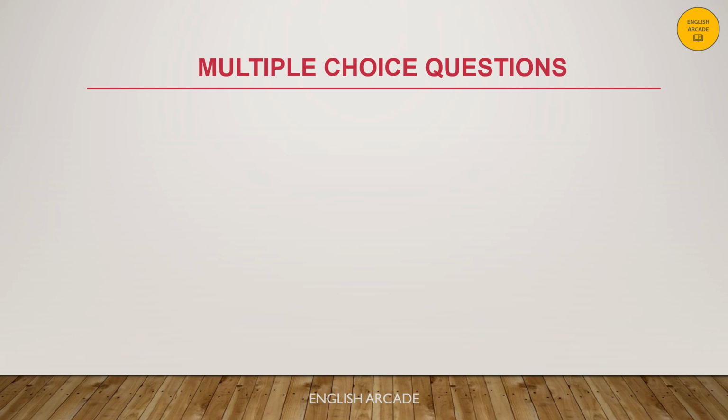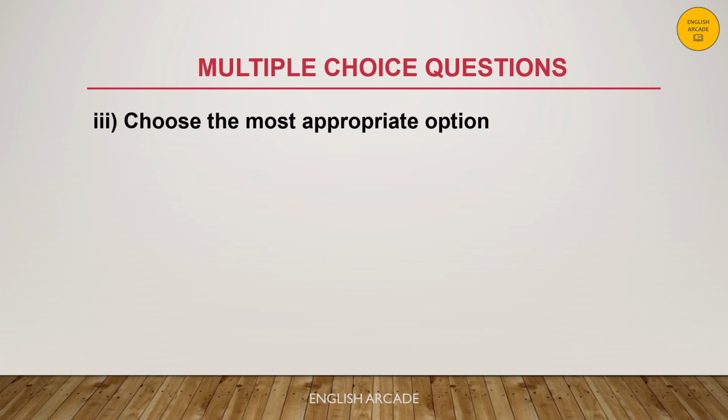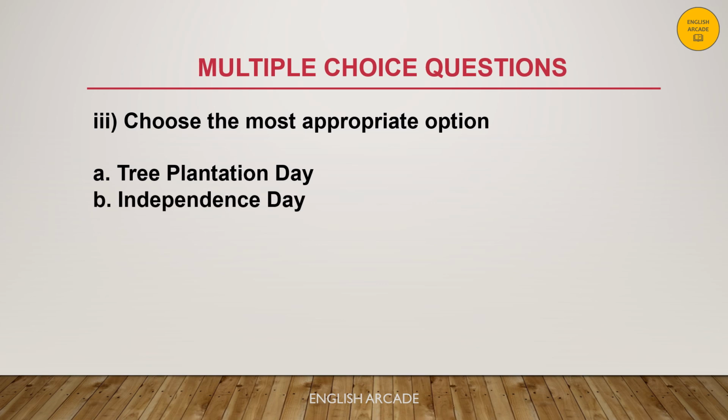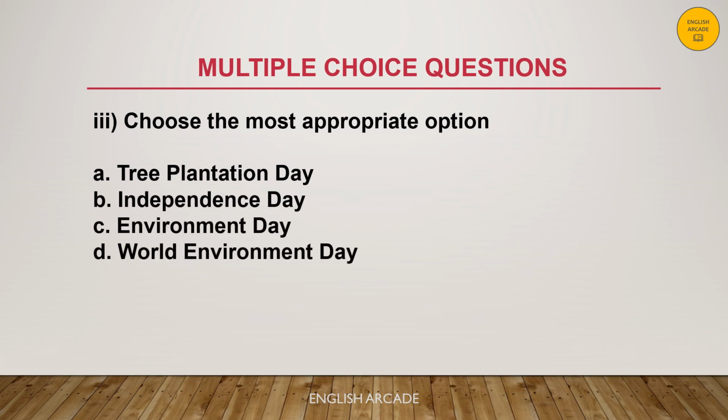Now let's choose the most appropriate answer for the third blank, which says the tree plantation drive will be organized on the occasion of, and the options go like this: A, Tree Plantation Day, B, Independence Day, C, Environment Day, or D, World Environment Day.